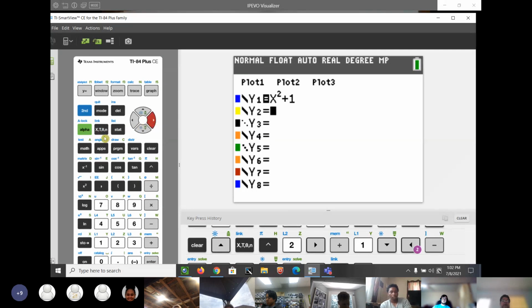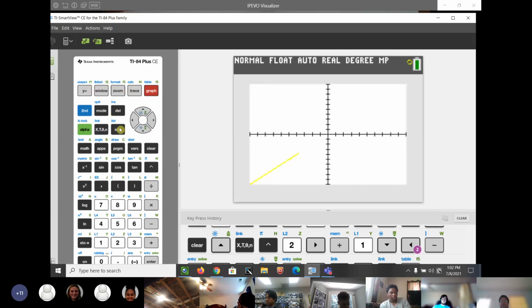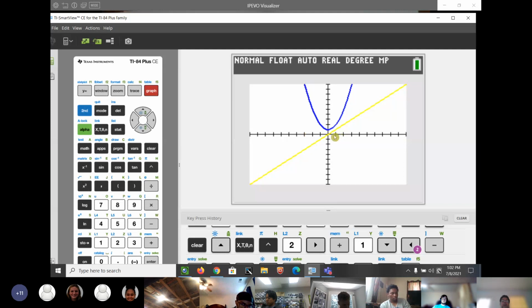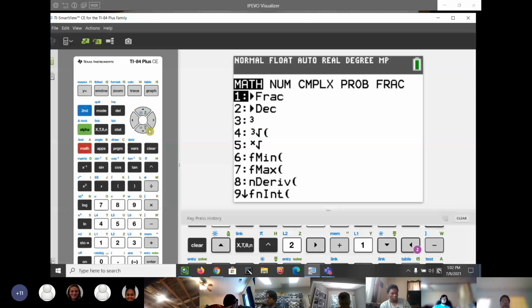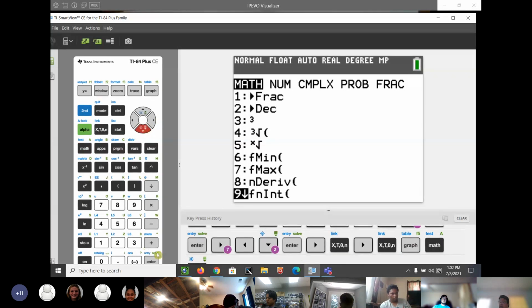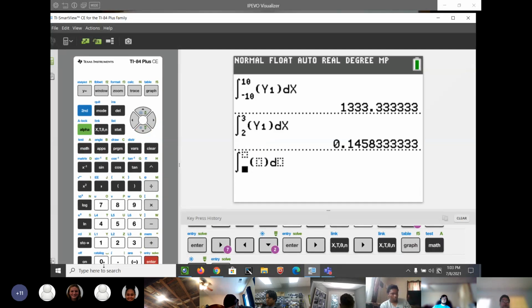There we go. Graph. And we're going to find this area right here from 0 to 1. So I'm going to hit math, down to integration, and I'm going to go from 0 to 1.